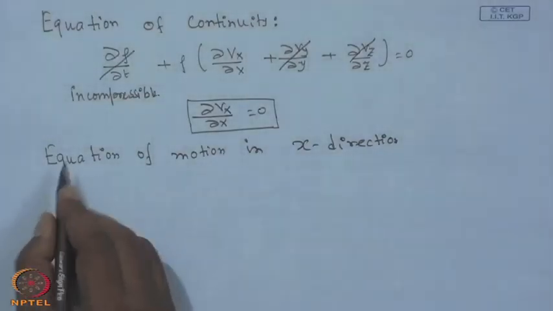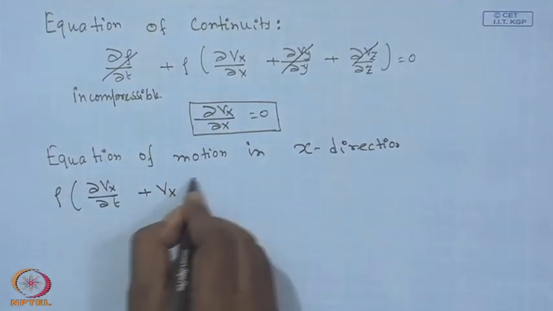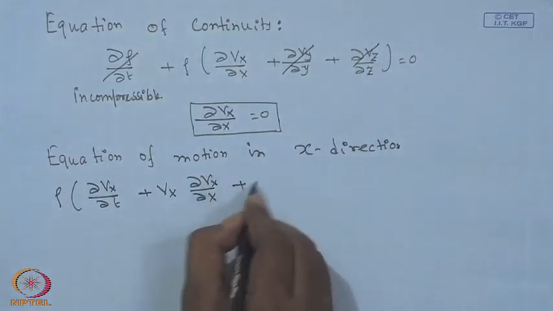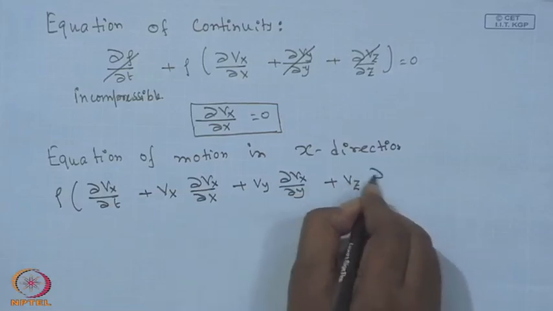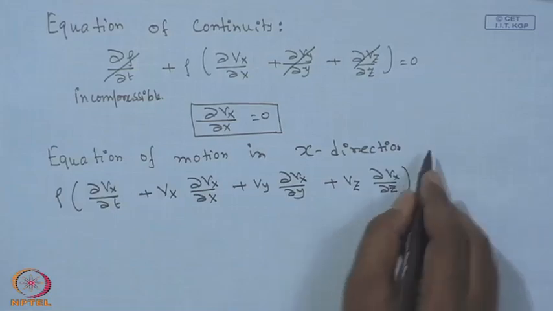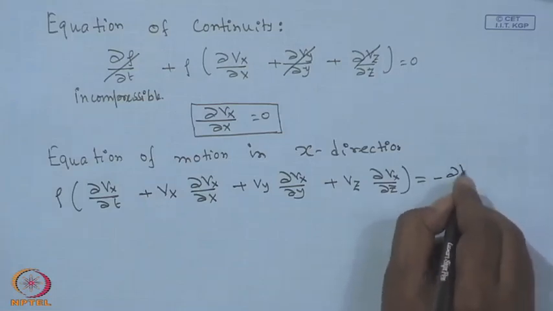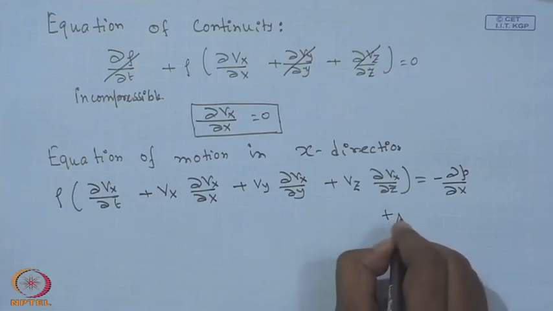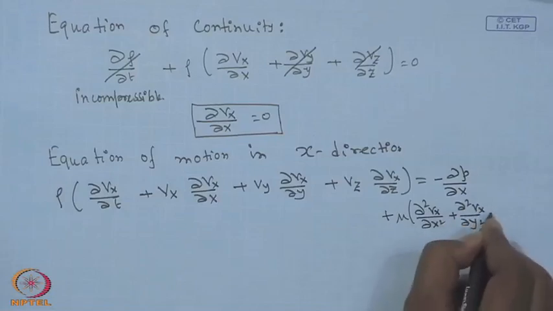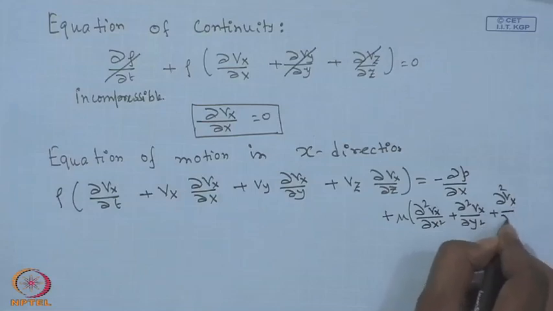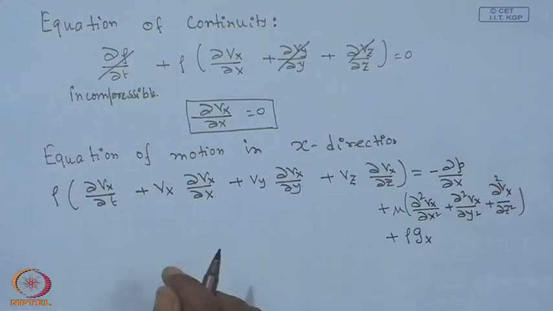Let us write down the full form of the equation of motion: rho del v x del t plus v x del v x del x plus v y del v x del y plus v z del v x del z is equal to minus del p del x plus mu times del square v x del x square plus del square v x del y square plus del square v x del z square, plus rho g x. G x is the x component of the body force, the gravity force.